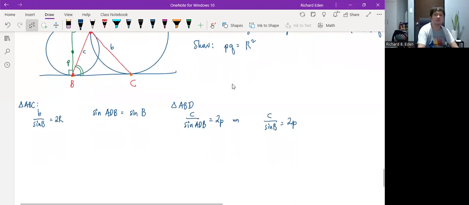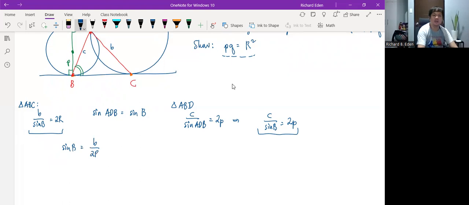So I think we are getting somewhere, because if you look at this formula, there is no more sine B. If you take this and this, sine of B equals small b over 2R. At the same time, from the last equation, sine of B equals C over 2B.